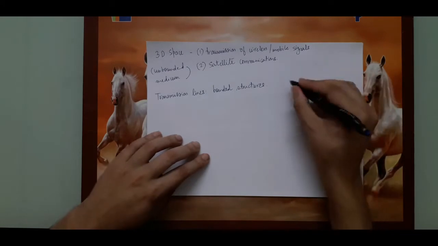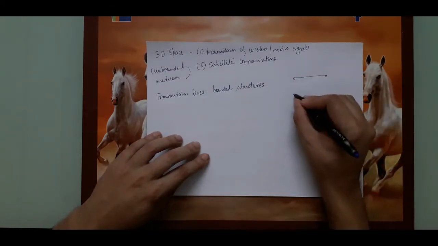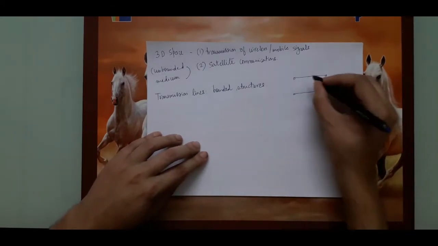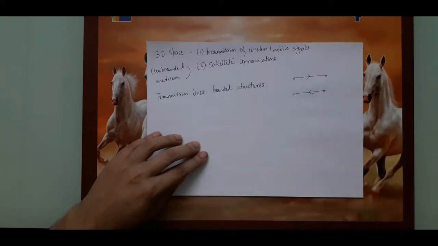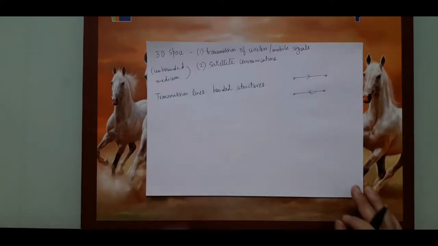What it means is, we had a pair of conductors where charges would flow in the conductors, giving rise to the currents and hence the wave phenomena.